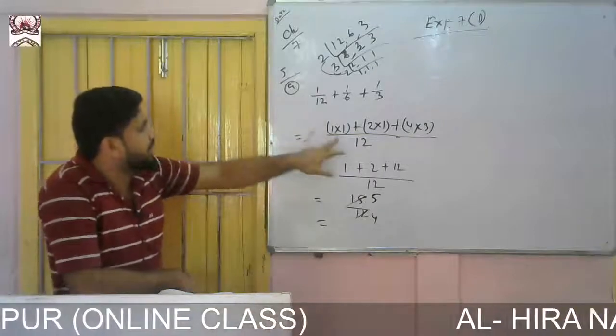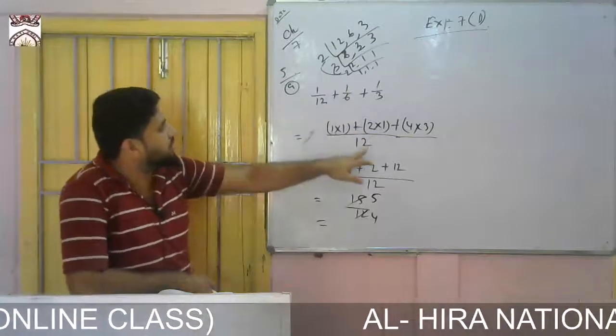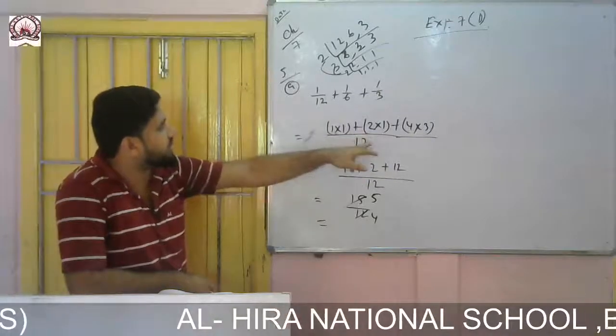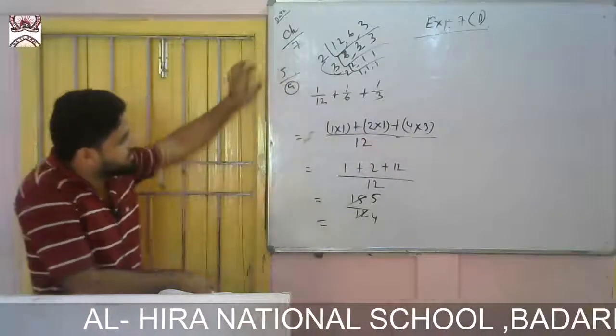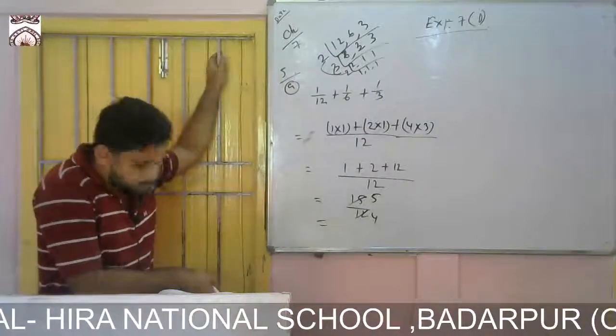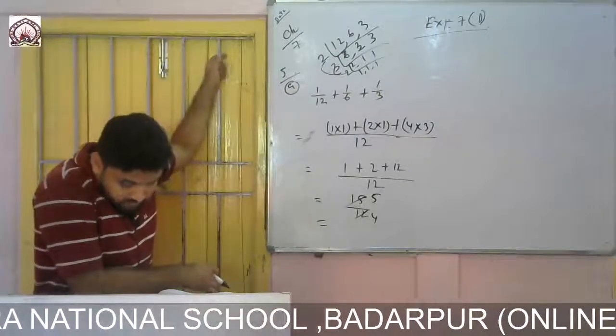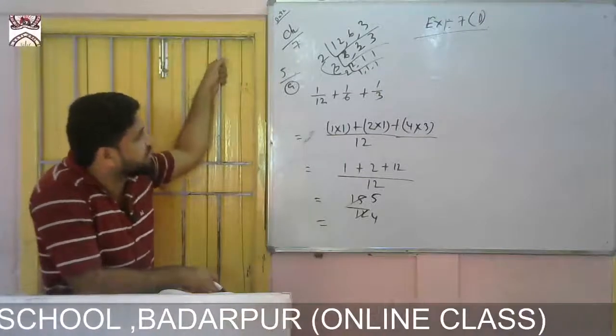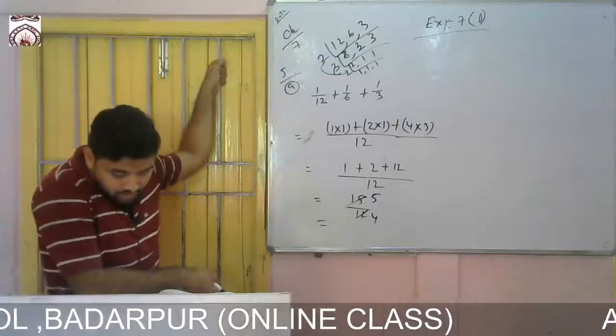12 1s are 12, 6 2s are 12, 2 1s are 2 plus 3 4s are 12, 4 1s are 4. 12 plus 4 is 14. 1 by 12 plus 1 by 6 plus 1 by 3.